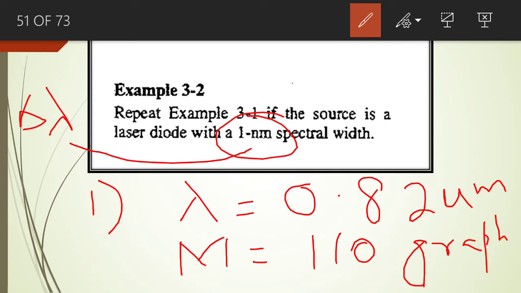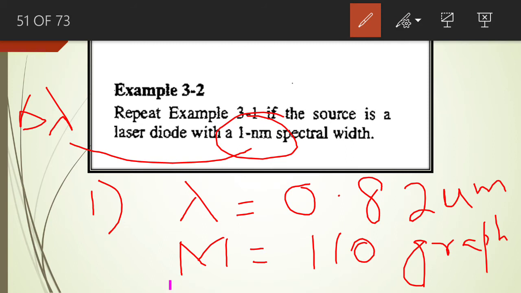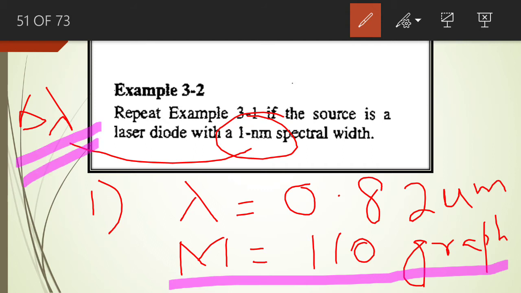So this is the data for the first part of example number 3.2. We will use this value of m and this value of delta lambda to find out the pulse spread per unit length first, and then we will calculate the total pulse spread in the information channel.